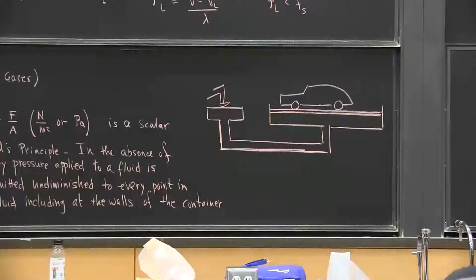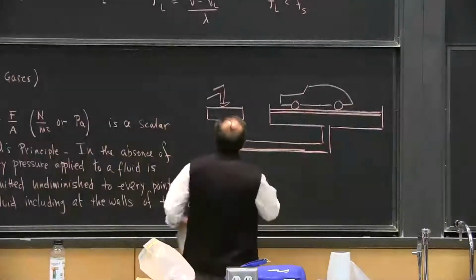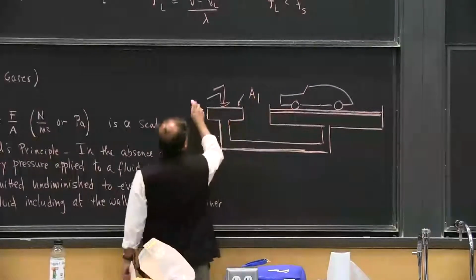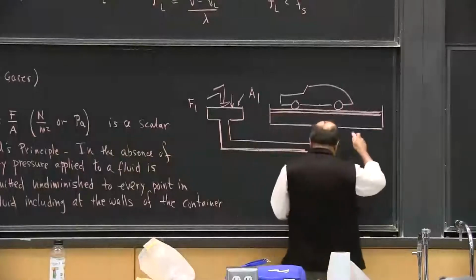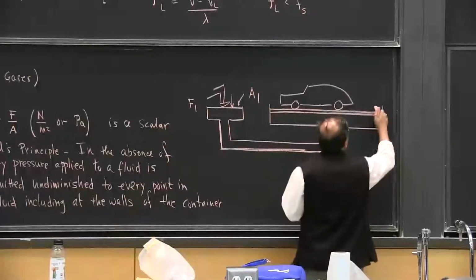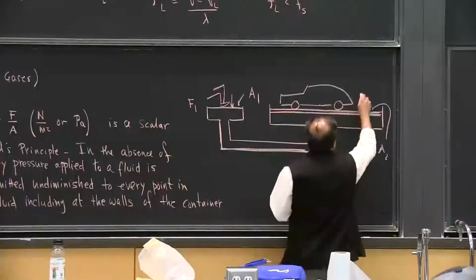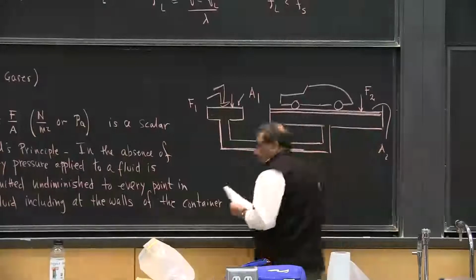When you have applied the pressure, you are able to basically see that the pressure is approximately the same everywhere. So suppose this area here is A1, and the force you have applied downward is F1, and suppose the area here is A2, and the force that this guy applies on the surface and the surface applies back on this guy is some force F2.